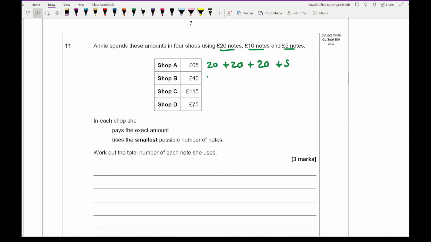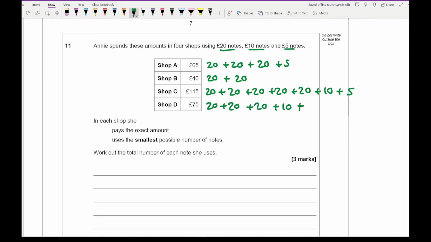Then for 40, that's 20 plus 20. For 115, that's 20 plus 20 plus 20 plus 20 plus 20 plus 10 plus 5. And for 75, it's 20 plus 20 plus 20 plus 10 plus 5.